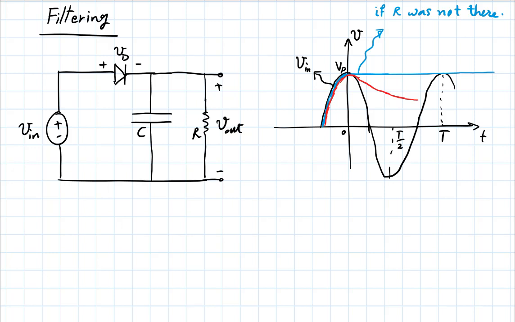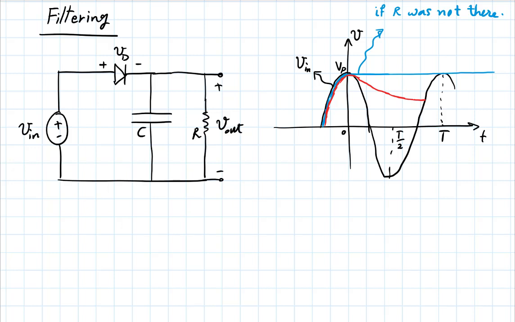How far should this go? How far should this discharge go? Up until this point, where it touches Vin. That's the point where the output, as it's going down, so you see the output is going down, and the input is going back up again, they reach each other, and that's the point at which the diode voltage becomes 0 again.